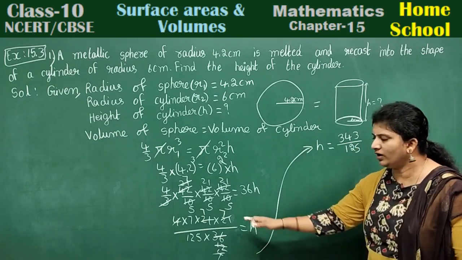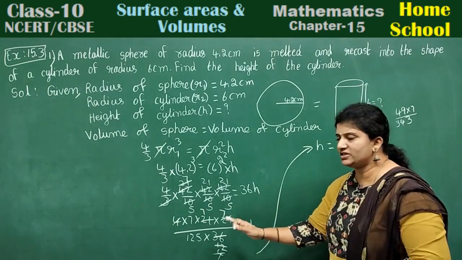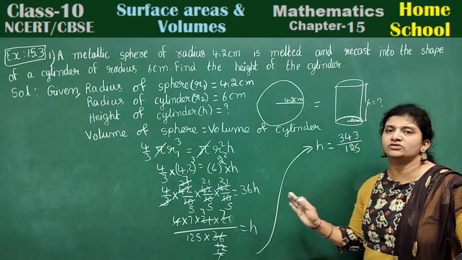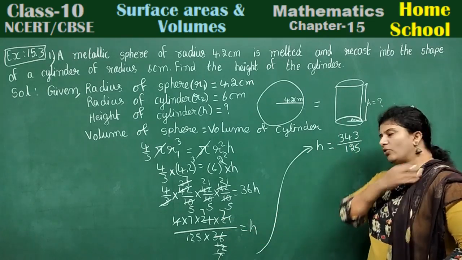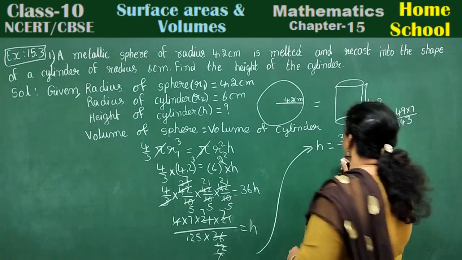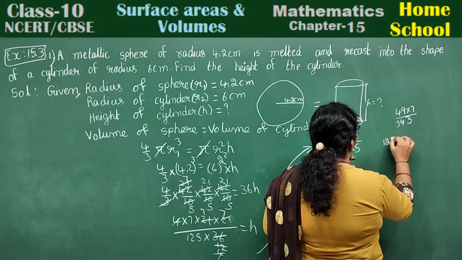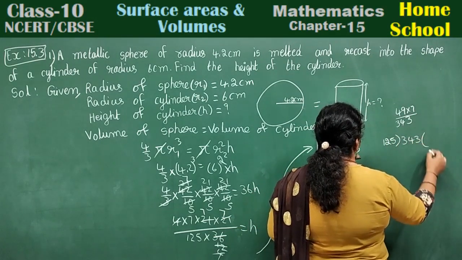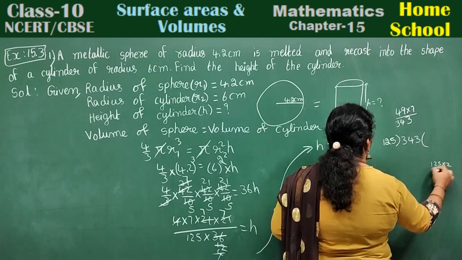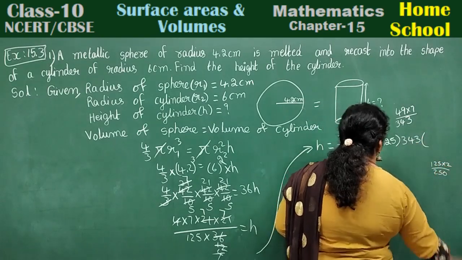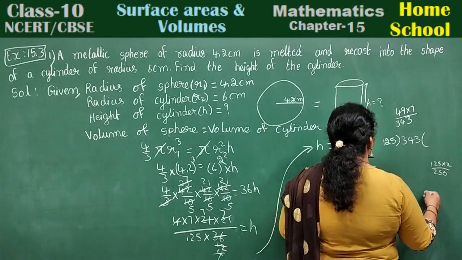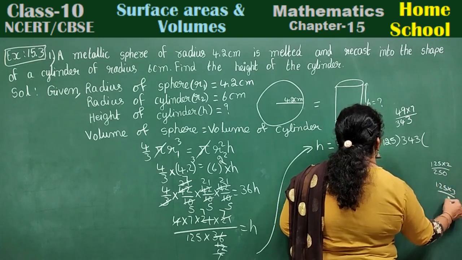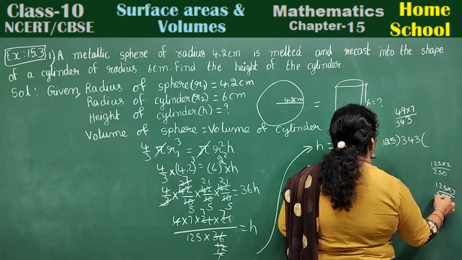Look here, at a time if you interchange left hand side into right hand side and right hand side into left hand side, no sign will be changed. Now cancel this one. 125 table, just check it out. 125 twos are 250. 125 threes are 375.